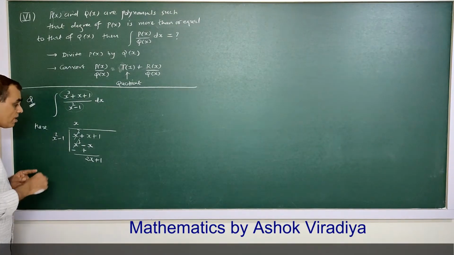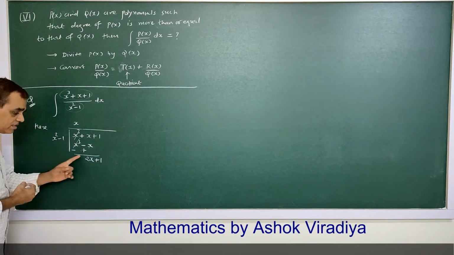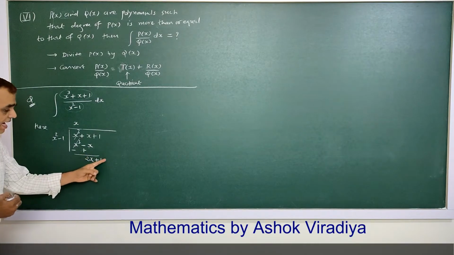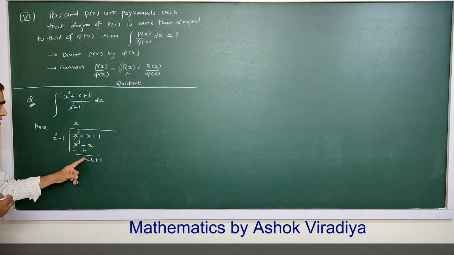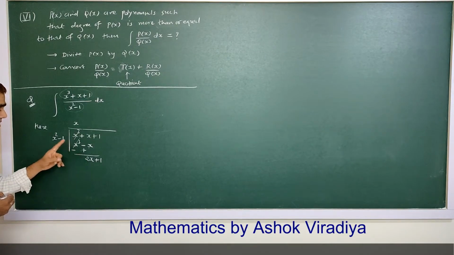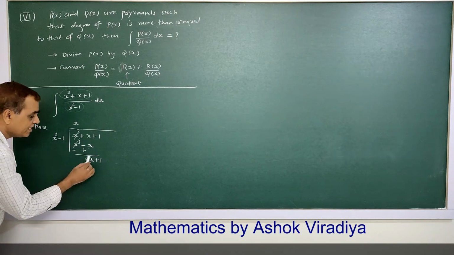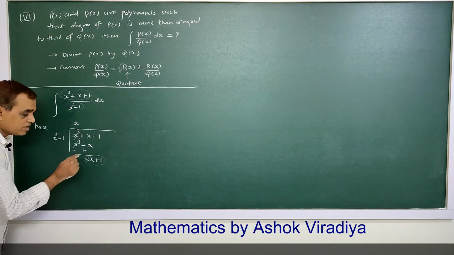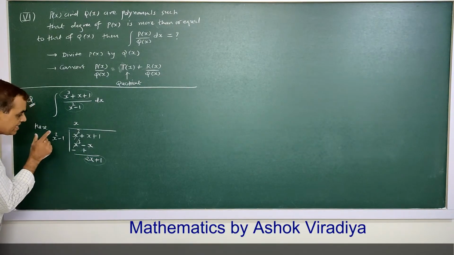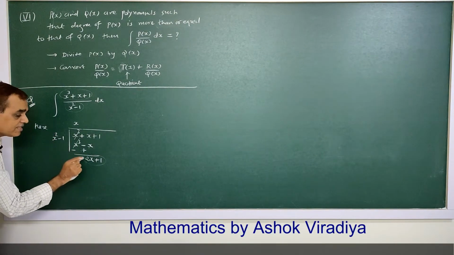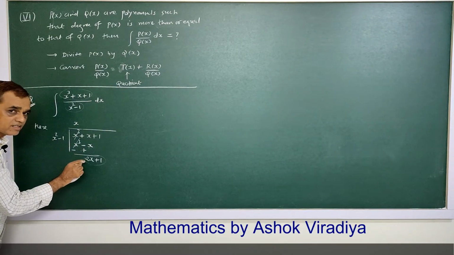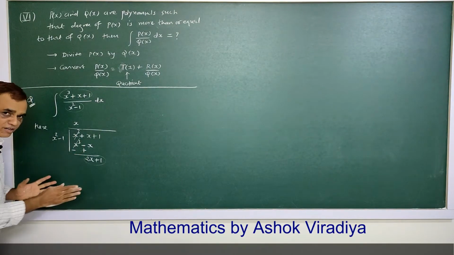Now you can see that here whatever is left, its degree is less than degree of divisor. So this is remainder. Whenever degree is smaller than degree of divisor, then it is remainder. So division has been done.